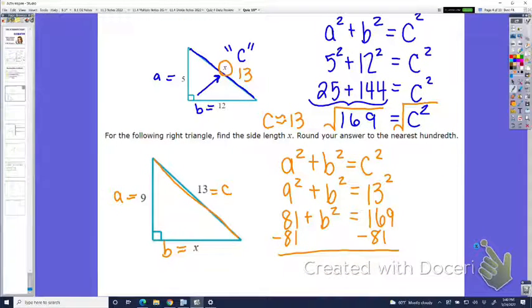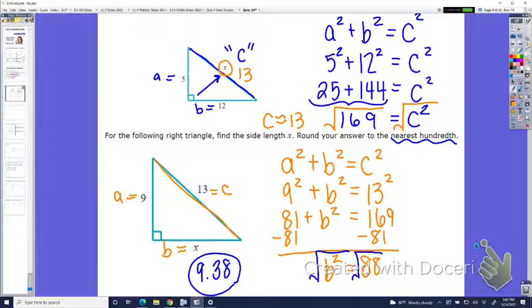And we'll get B squared is equal to 88. And we have to square root the 88. And it says round to the nearest hundredth. So if I type the square root of 88 on my calculator, I get about 9.38 to the nearest hundredth. So hundredth has 2 digits after the decimal point. Okay, so that's finding side lengths on a right triangle. Use Pythagorean theorem.